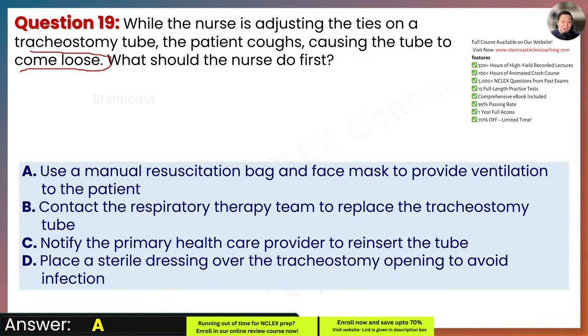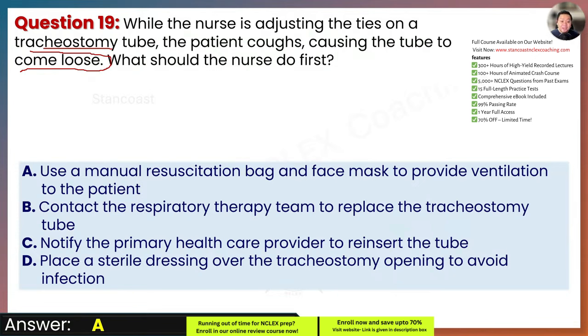And if you do not act fast, the oxygen levels will drop. It can lead to respiratory distress or even cardiac arrest. And so the clue here is the tracheostomy tube came loose. All right? This is basically an emergency, and you should act on this one to restore the breathing right away. And that is why letter A is the best option here.